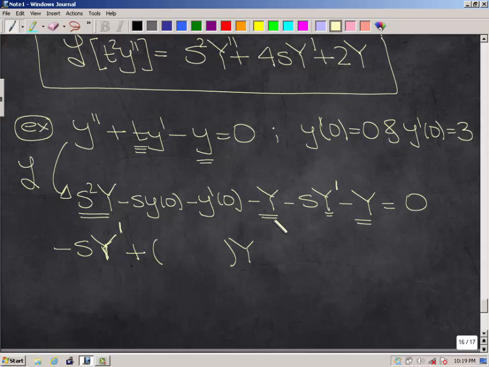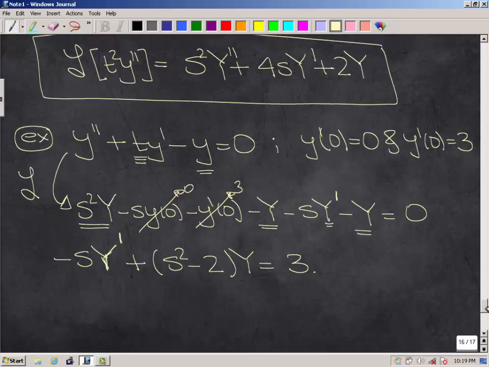These two can be combined, will be negative 2 big Y. So we get s squared minus 2. This is 0, and this is 3. So we get minus 3, which will go to the right hand side and become a positive 3. Okay, so that's what we have so far.